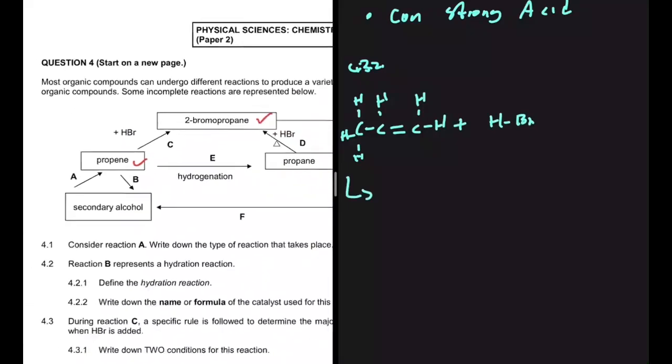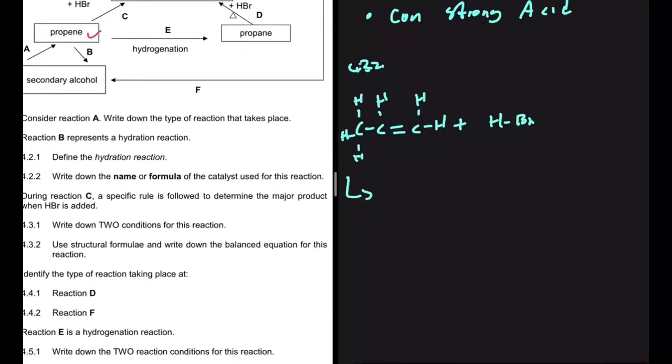If you look back to the question statement, it says that during reaction C, a specific rule is followed to determine the major product when HBr is added. So now you actually have to know that rule in order to answer this question.